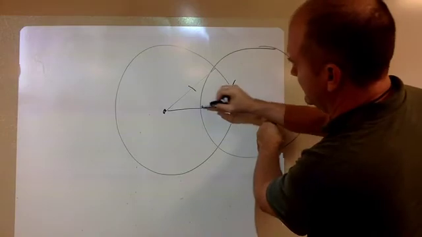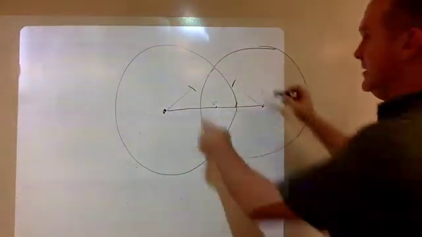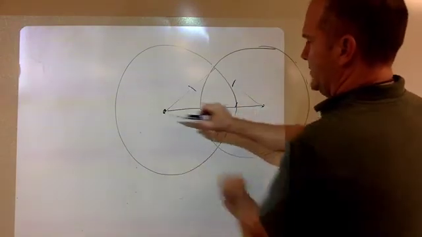It goes all the way to the edge of the circle and beyond. So this would be an isosceles triangle. These two sides would be the same, but the base would be longer.